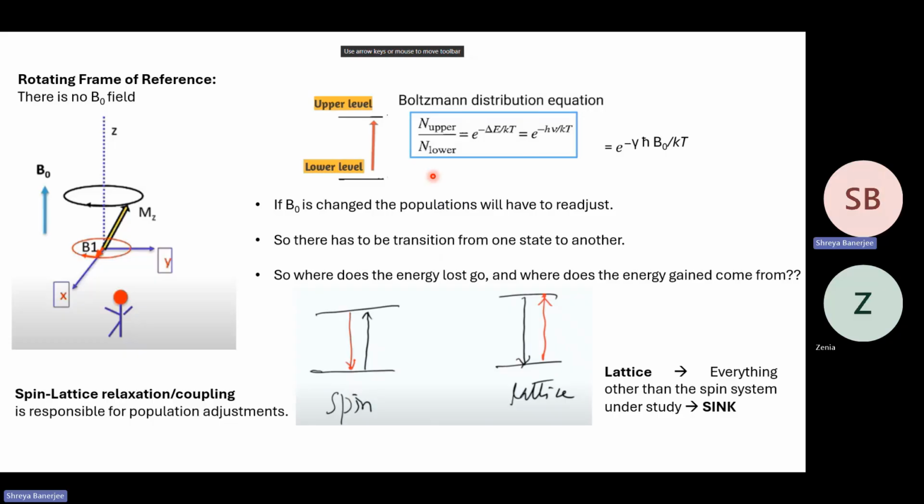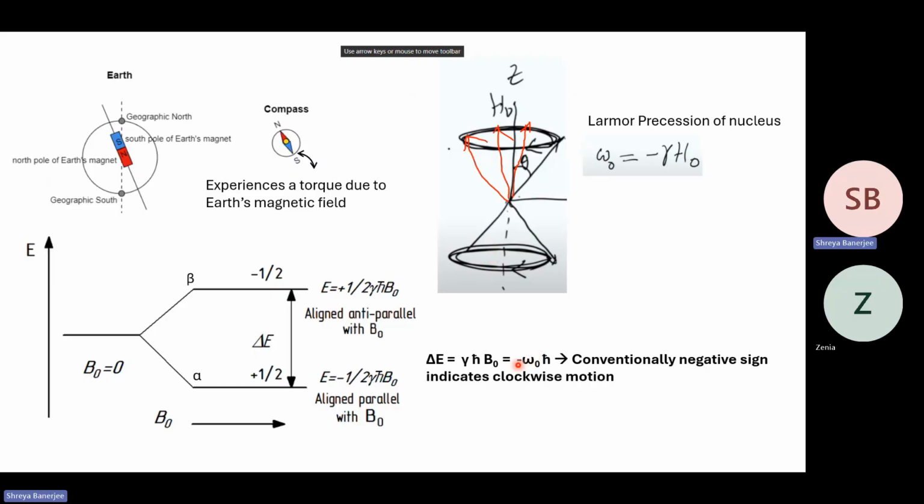Now we have looked at the Boltzmann distribution, where the ratio of the number of molecules occupying the upper level to the lower level is e to the power minus delta E by kT, where delta E is the energy difference between the two levels, which can be written as h nu. We have seen in the previous slide that delta E can also be written as minus omega naught h bar.